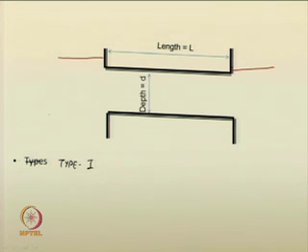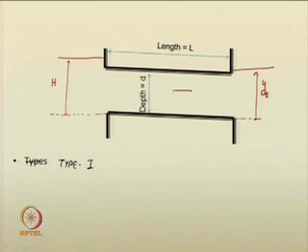Based on the bed of the culvert, this particular depth is the tailwater depth, this particular depth is the headwater depth, and this is the culvert depth equal to D and culvert length L.